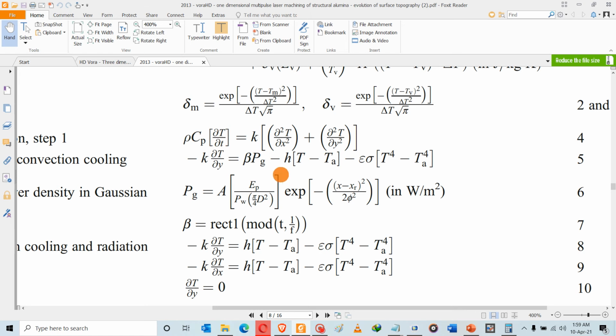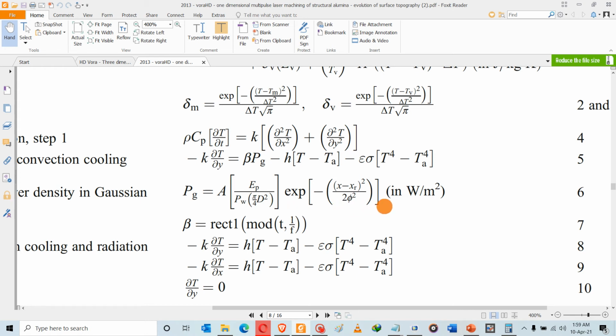So the energy density is calculated by taking the pulse energy, dividing it with the pulse width, and then multiplying that with the beam spot area. And then you multiply all of that with this term here, which represents the laser beam distribution.